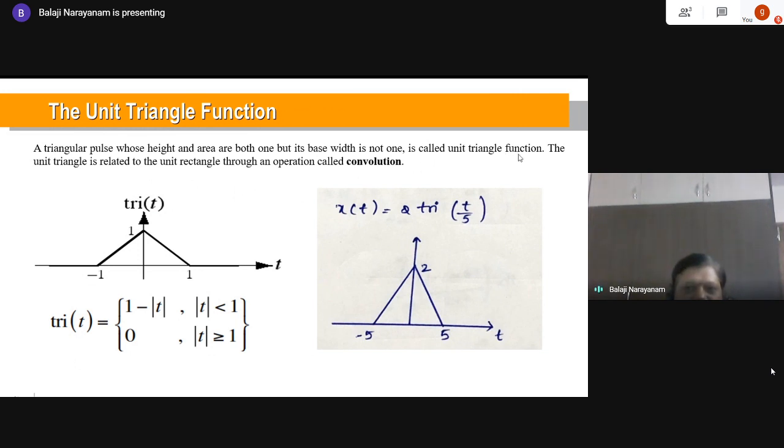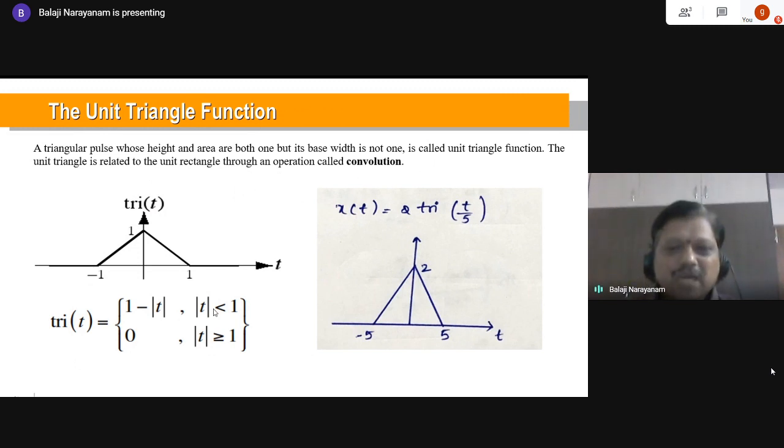This is called a unit triangle function. The unit triangle is related to the unit rectangle through an operation called convolution that we are going to discuss in the next sessions. Time being, we may take the equation for the triangular function as tri of t is equal to 1 minus mod of t for all modulus of t less than 1, and tri of t is equal to 0 for all modulus of t greater than or equal to 1.